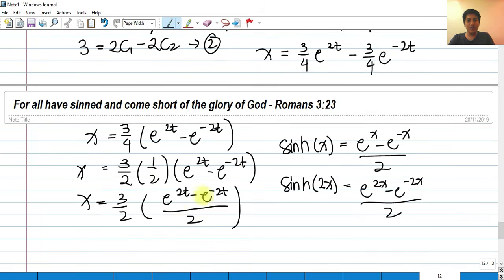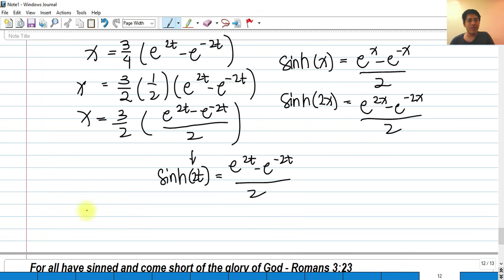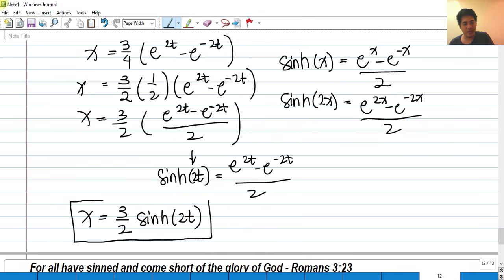But in this case, we have a variable which is t. So this is simply equal to the hyperbolic sine of 2t, wherein we have e raised to 2t minus e raised to negative 2t over 2. So we have x is equal to 3 halves hyperbolic sine of 2t, that's our answer for this problem.